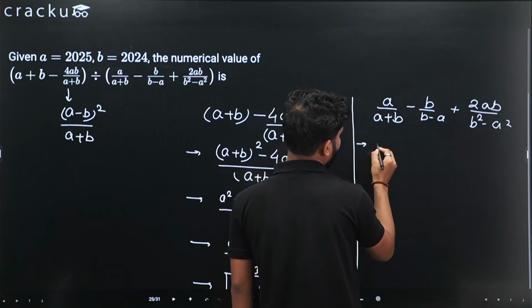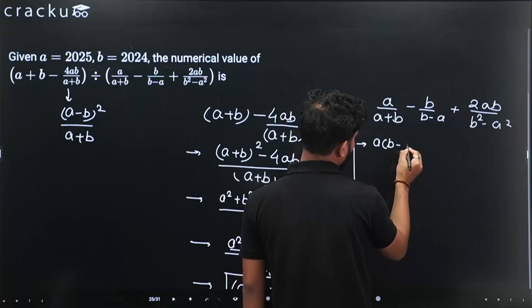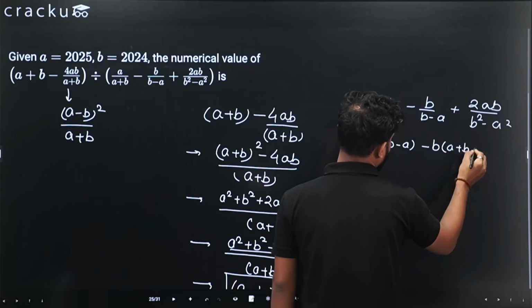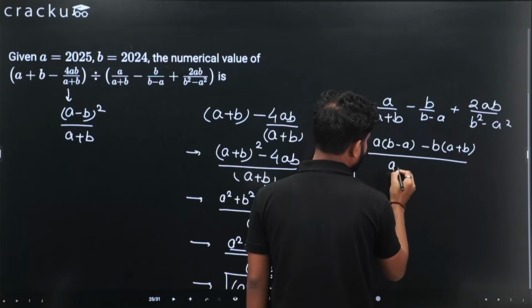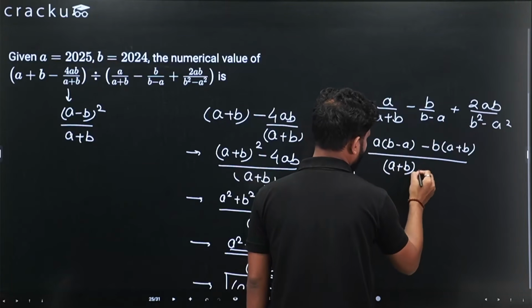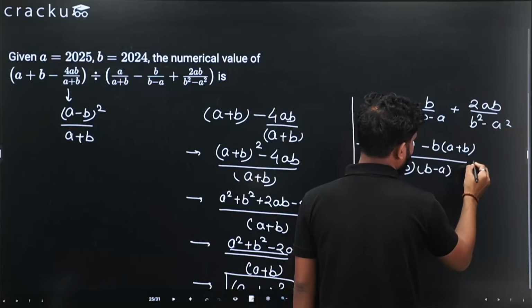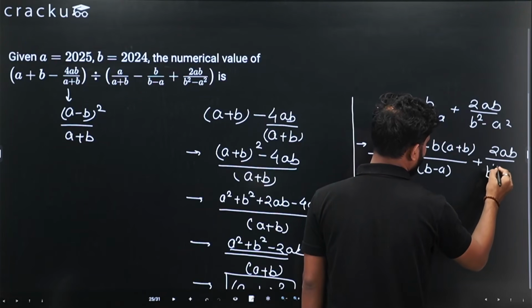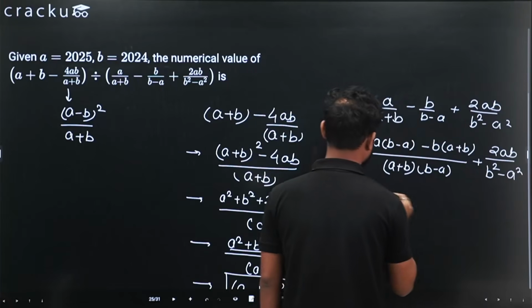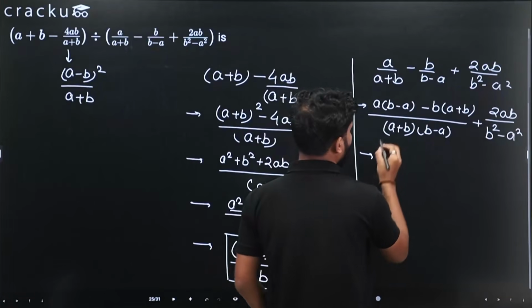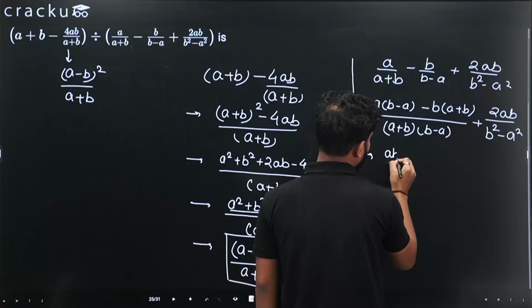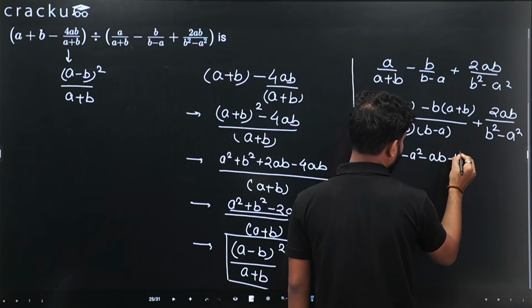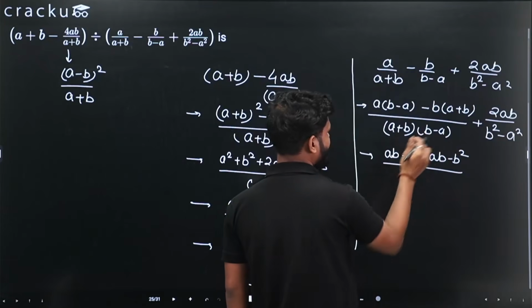From here I can write A into B minus A minus B into A plus B upon A plus B into B minus A plus 2AB upon B square minus A square. From here I can write AB minus A square minus AB minus B square upon A plus B into B minus A.